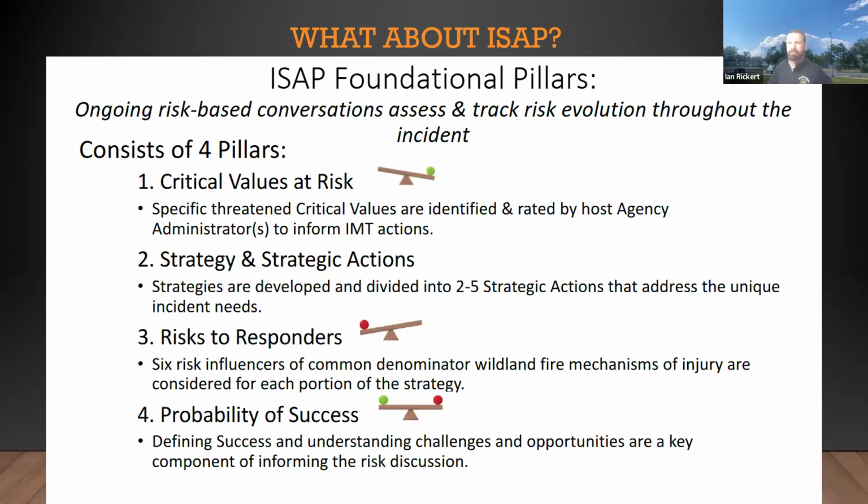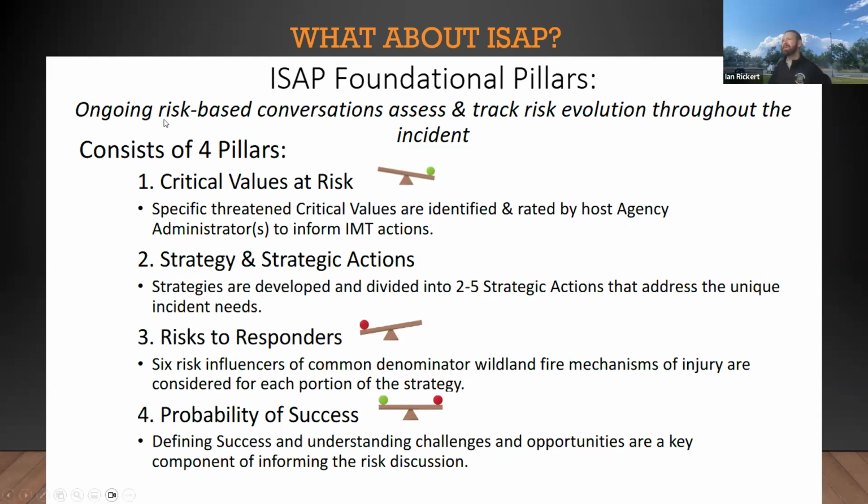Okay. Now we'll get into this ISAP application piece. So I know you had a presentation on ISAP yesterday, and I'm sure this slide was out there in one form, right? 4 pillars. This morning's topic, it's really all about pre-planning, right? What can we do before there's actually smoke in the air to make our lives a little bit easier, right?